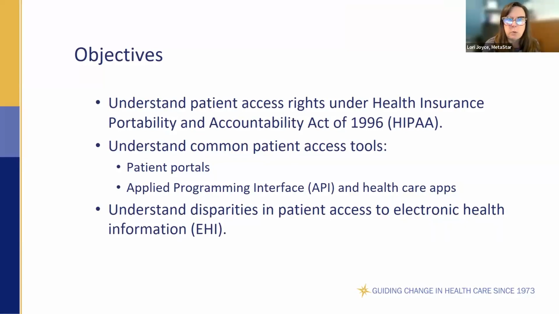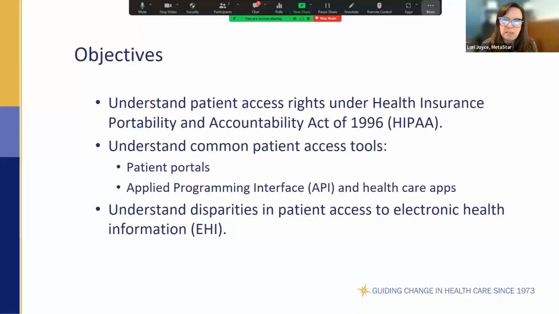The first objective that we're going to be talking about is understanding patient access rights under HIPAA. A lot of times we think about all the privacy piece of HIPAA, but today we're going to focus a little bit more on the patient access rights there.